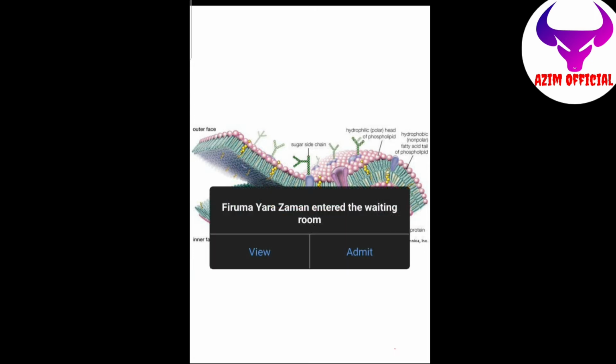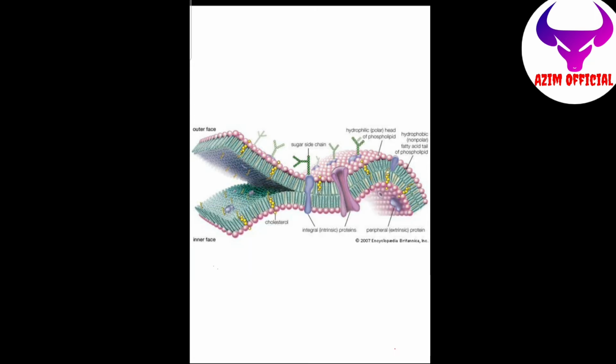They are named glycocalyx mainly. Whenever they are attaching with the lipid, they are glycolipid, and when they are attaching with the protein, it is called glycoprotein. So both are glycocalyx mainly, but that is the name, not the function. Function is mainly attachment.